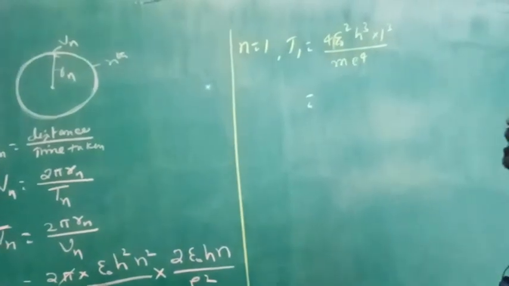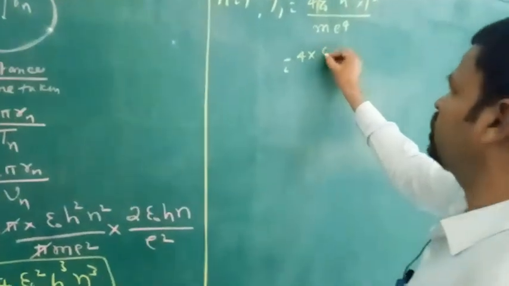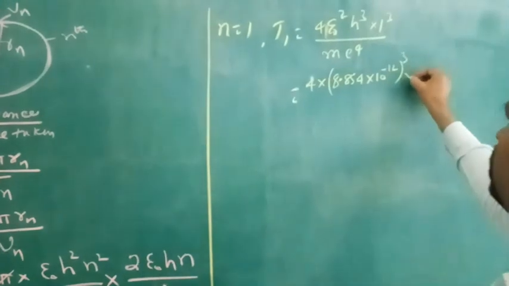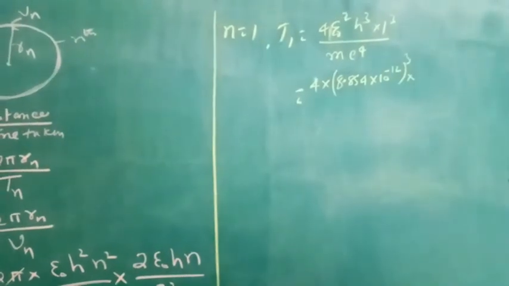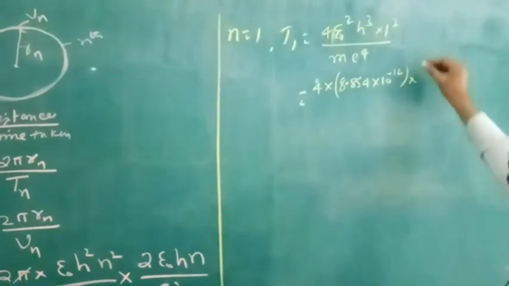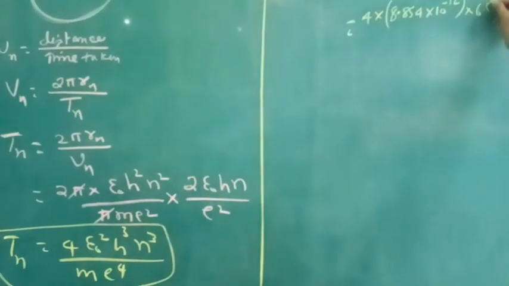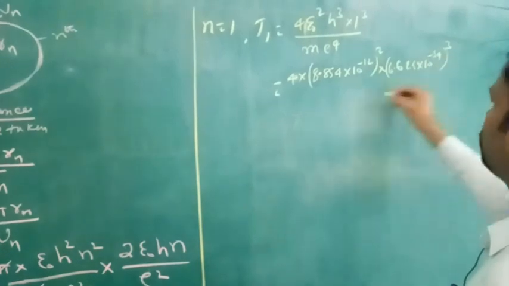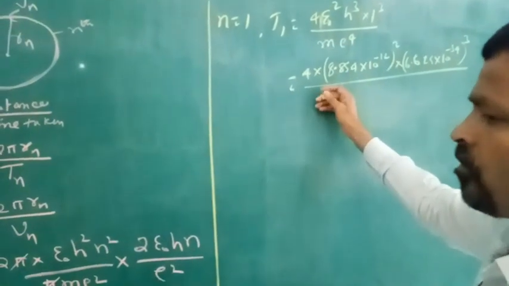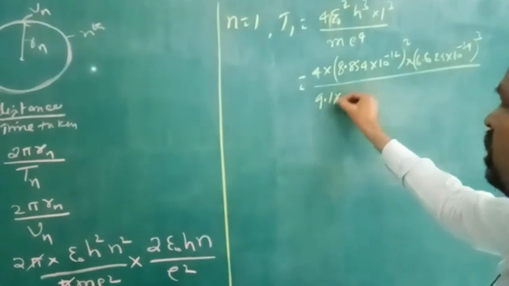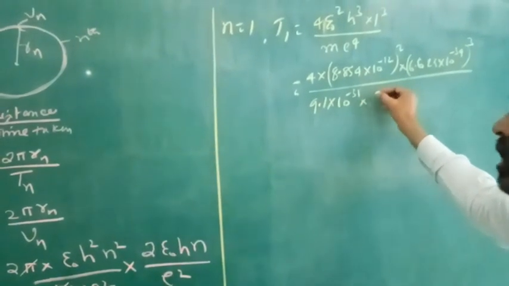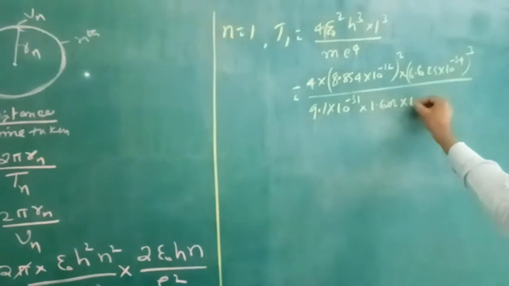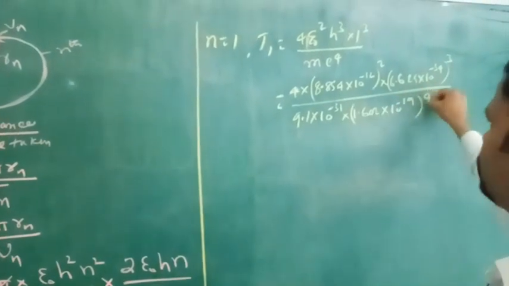Substituting the values: 4 into epsilon naught, 8.85 into 10 to the power of minus 12, whole cube, into h cube, 6.625 into 10 to the power of minus 34 whole cube, divided by the mass of an electron, 9.1 into 10 to the power of minus 31 kg, into the charge of an electron, 1.602 into 10 to the power of minus 19, to the power of 4.